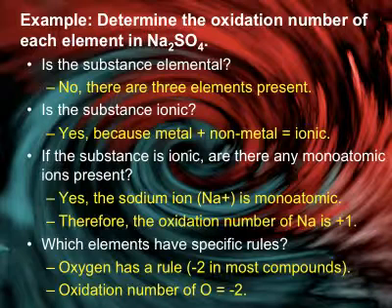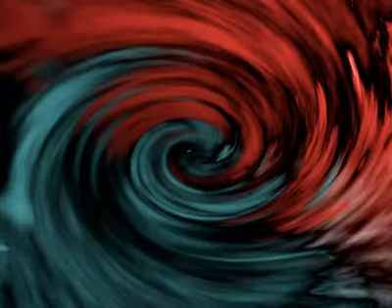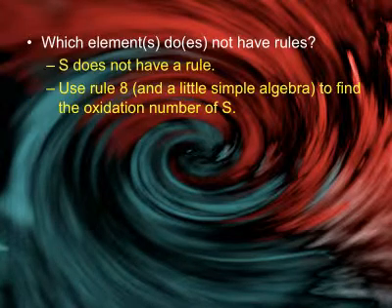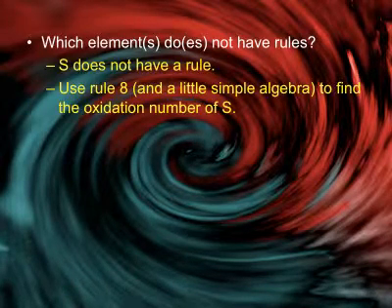Do you have to ask yourself these questions every single time? No, as you start doing this, it'll just happen automatically. But until we get good at this, we'll ask these questions, okay? So let's see if we can figure out the oxidation number of S.